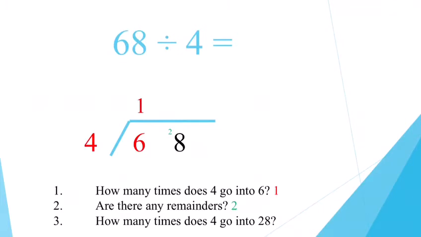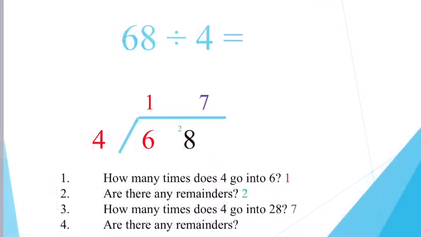So there are 2 remainders. So our 2 remainders now get carried over from the tens column into the ones column, turning our 8 ones into 28 ones, as shown in the bus stop method here.